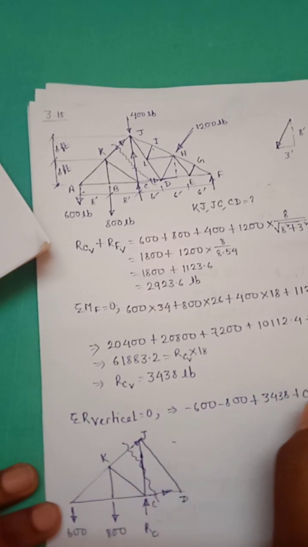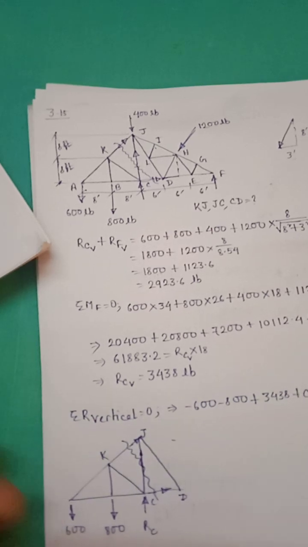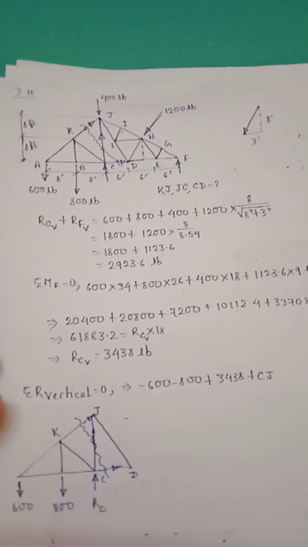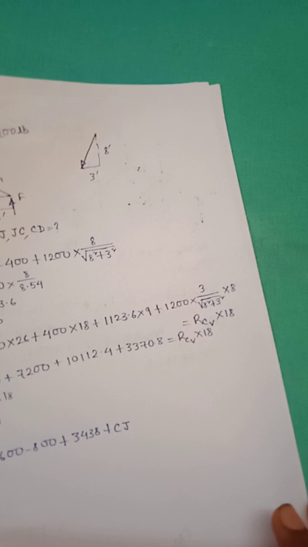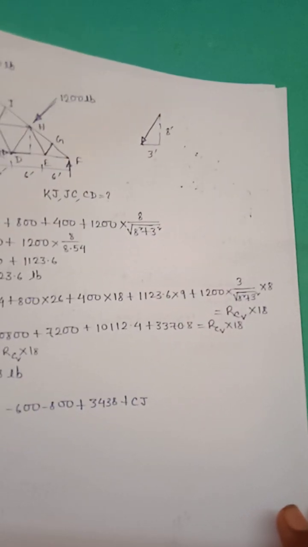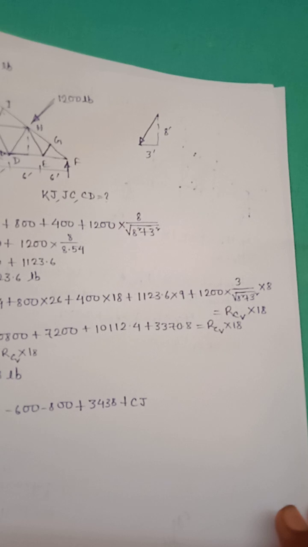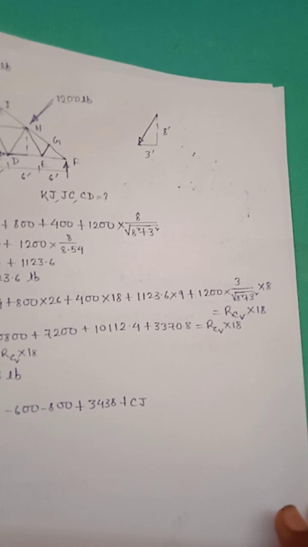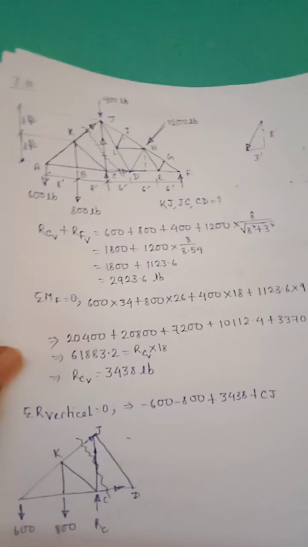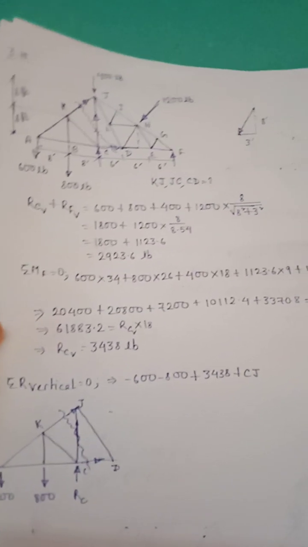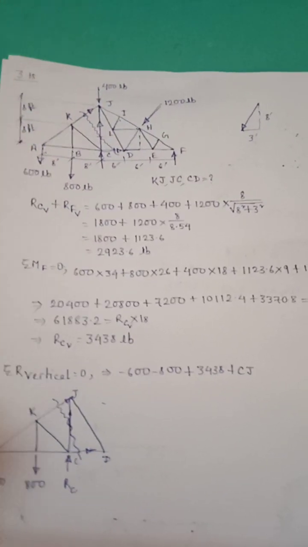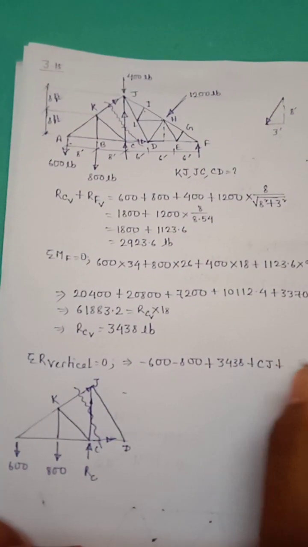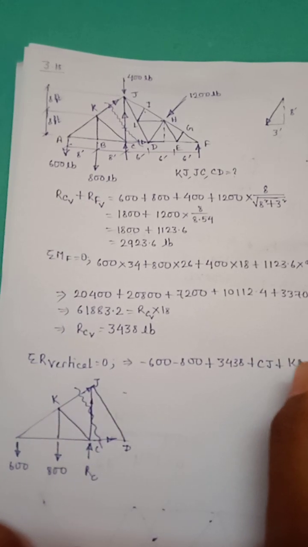plus CJ plus KJ will be in upward direction, so positive.